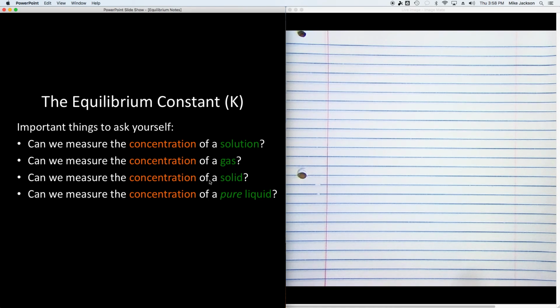So the answer to these two is no. We cannot measure the concentration of a solid. We cannot measure the concentration of a liquid. So therefore, we cannot put those into the K expressions because K expressions rely on concentrations. We will leave them out of K expressions.